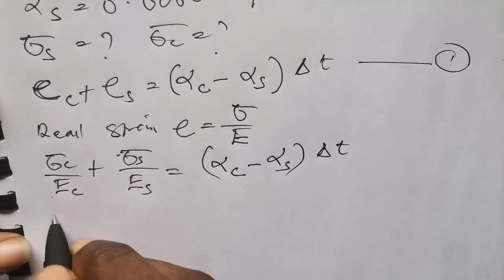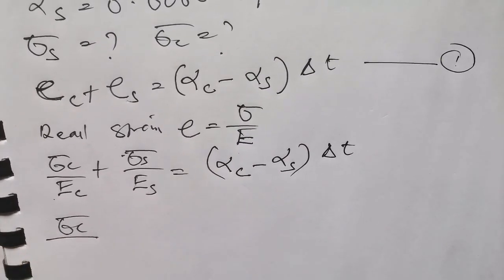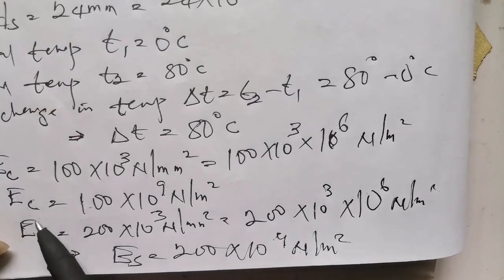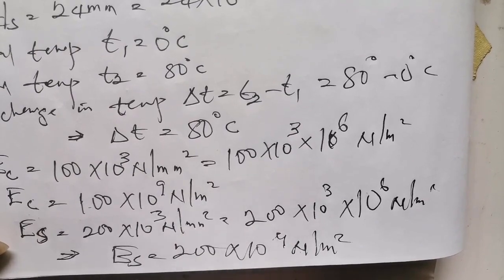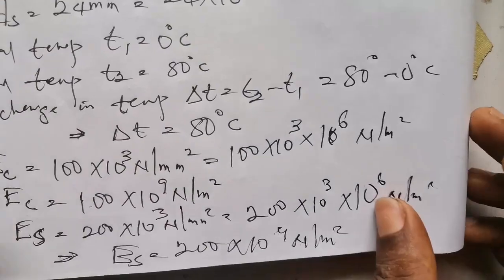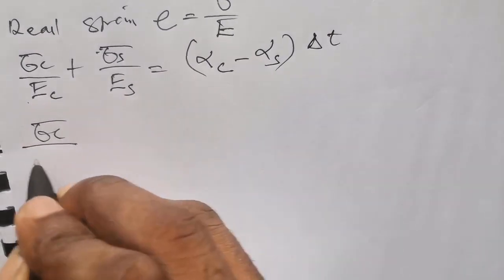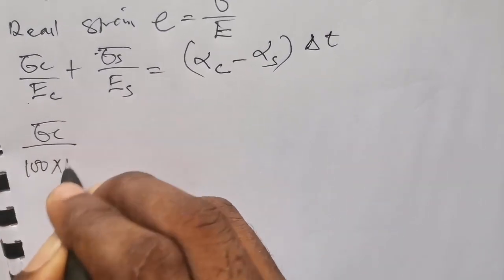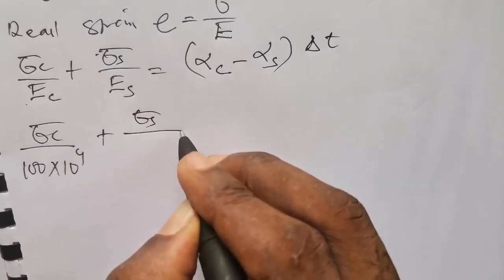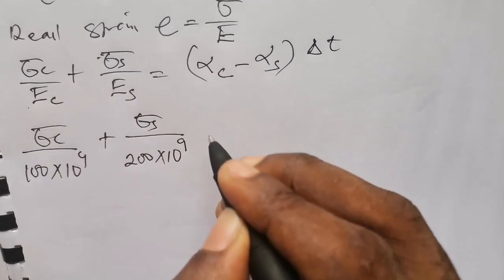Not forgetting, the Young's modulus of copper was given as 100 by 10 to the power of 9, whereas the Young's modulus of steel was given as 200 by 10 to the power of 9. So we have stress of copper over 100 by 10 to the power of 9, plus stress of steel over 200 by 10 to the power of 9, and this is equal to the thermal expansivities.